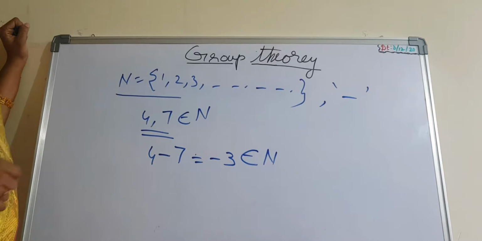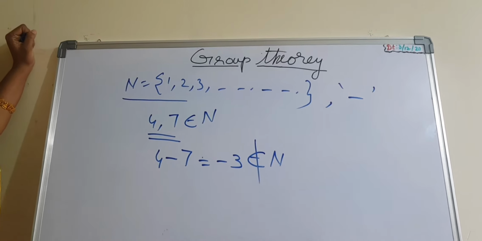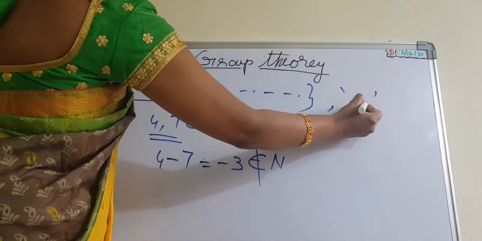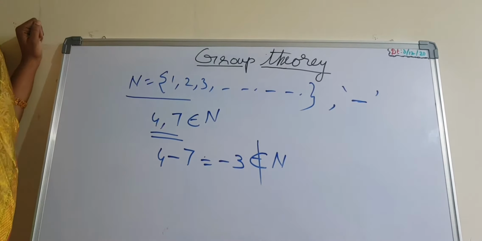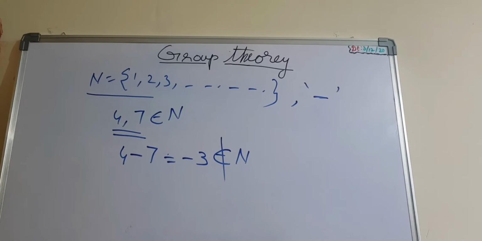Minus 3. Is minus 3 in the natural number set? No, it does not belong to natural numbers. Therefore, the natural numbers with respect to minus is not a binary operation.